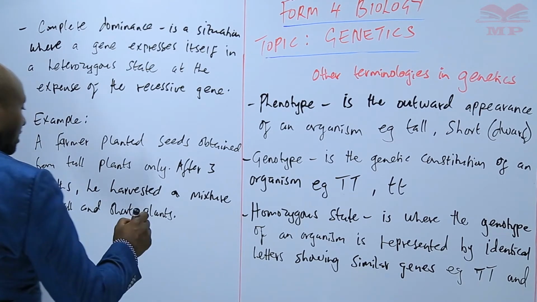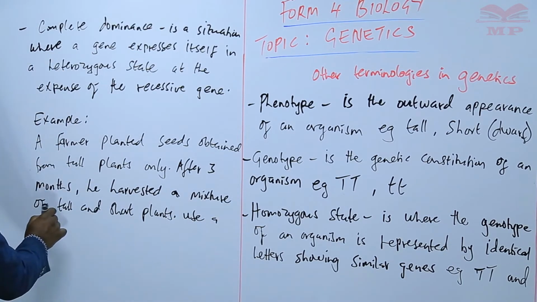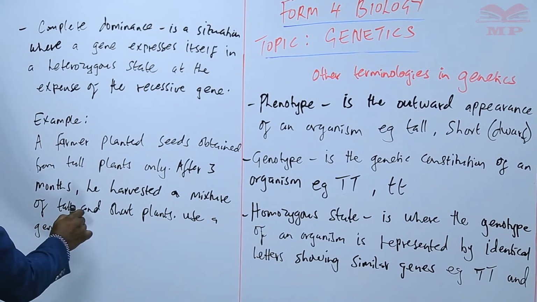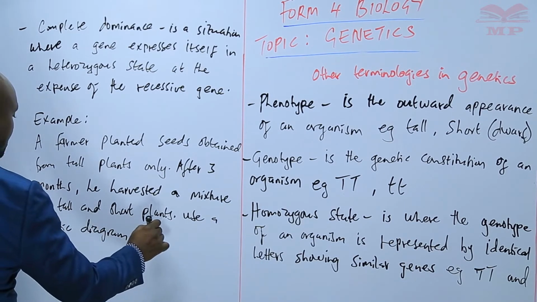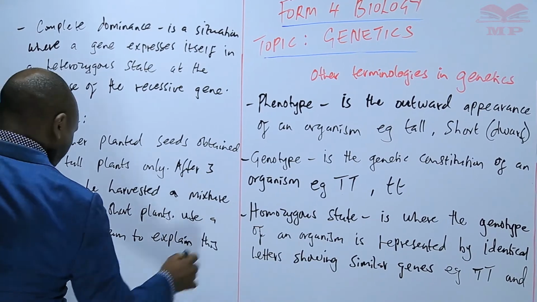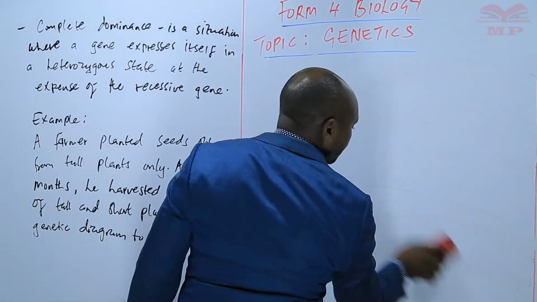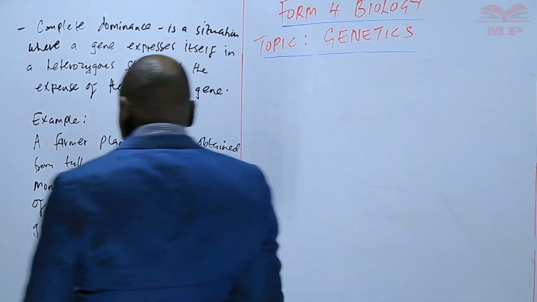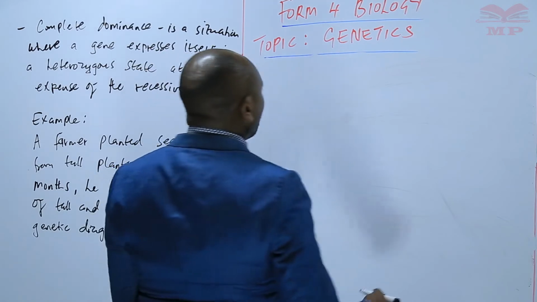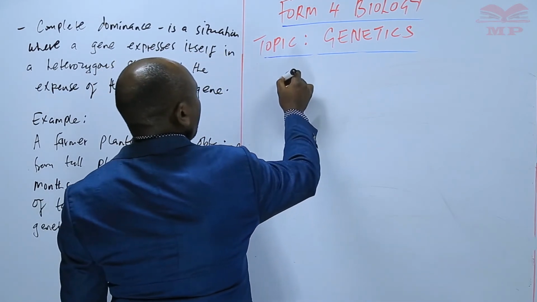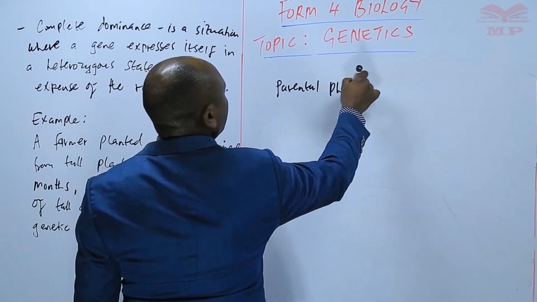So you're told to use a genetic diagram to explain this. A genetic diagram. So we'll start with the parental phenotype.